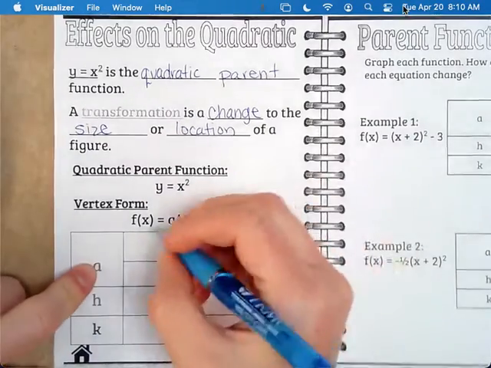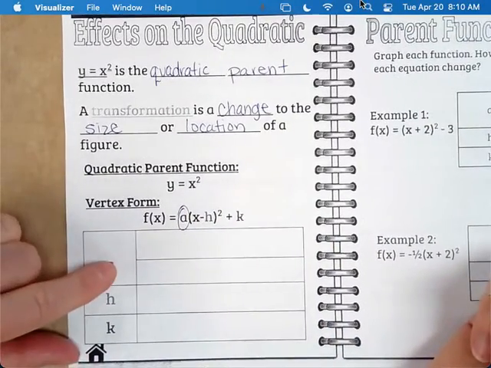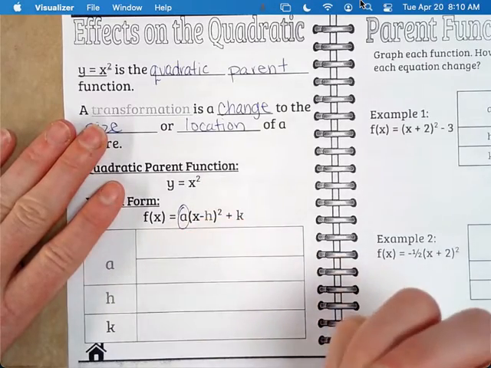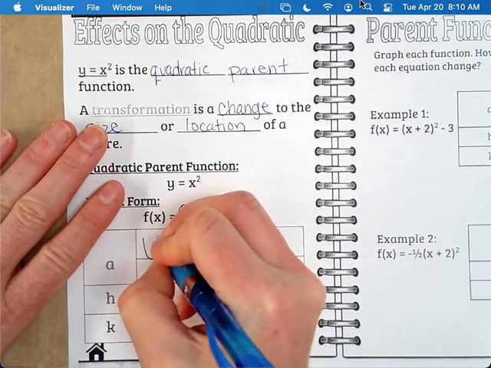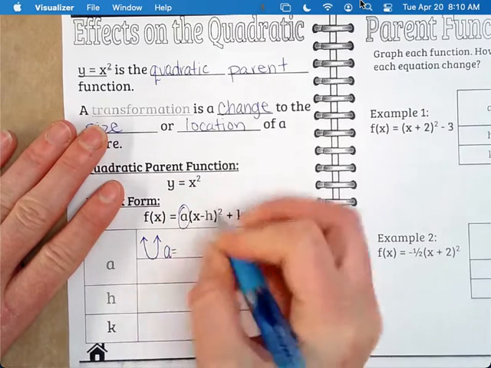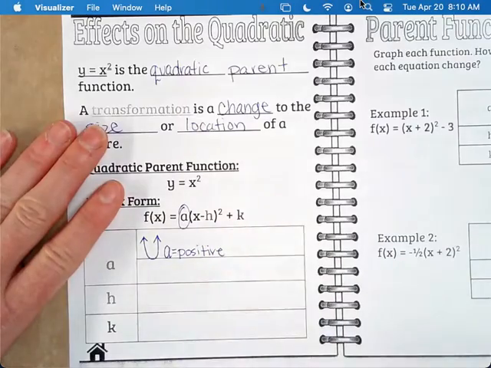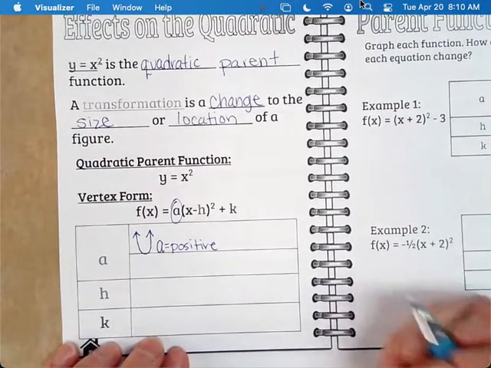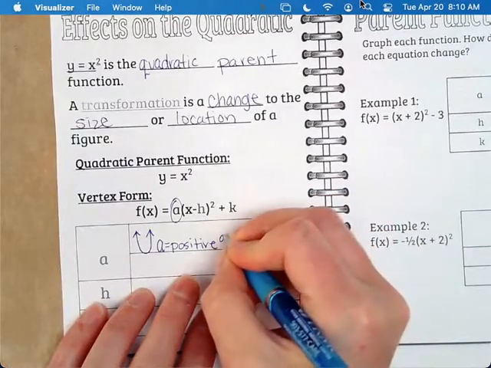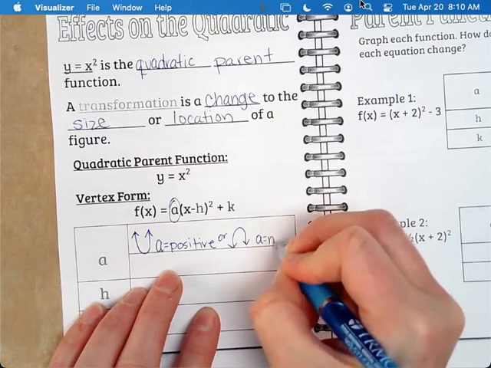So the a is the number out front. This is going to change how it's drawn. Like this way would be if it's positive, it'll be upward, or it'll be downward if a is negative.